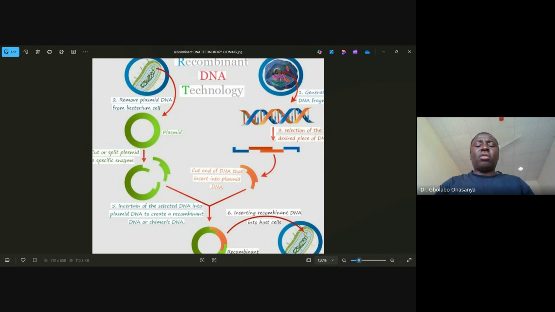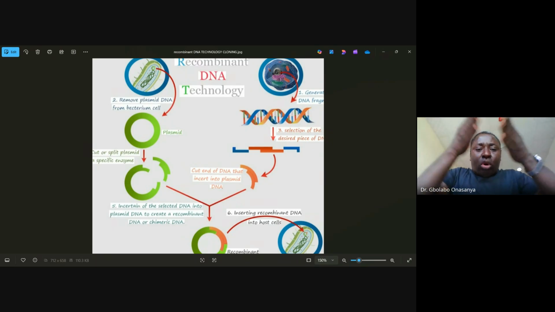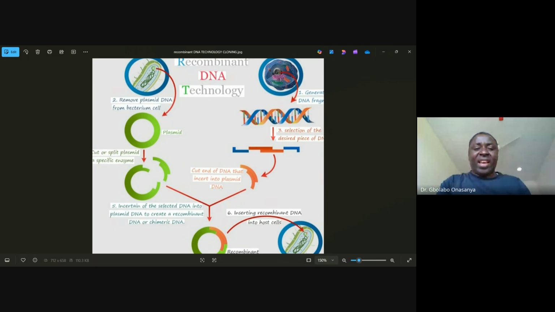You have got your EcoR1, a restriction enzyme. So you now put the EcoR1 inside the test tube containing plasmid. EcoR1 will cut the plasmid at the restriction site, and it will cut with a staggered cut, a zigzag end, a sticky end, like this, zigzag with my hand.